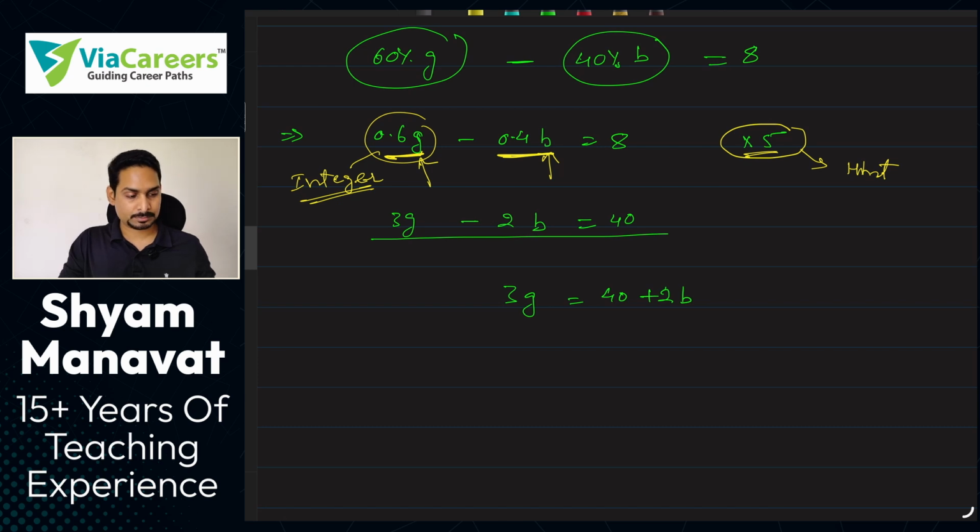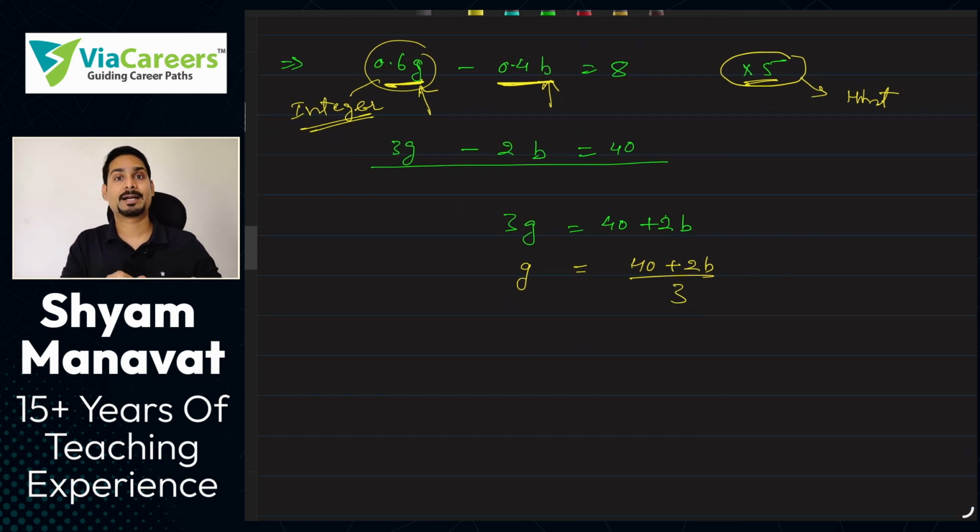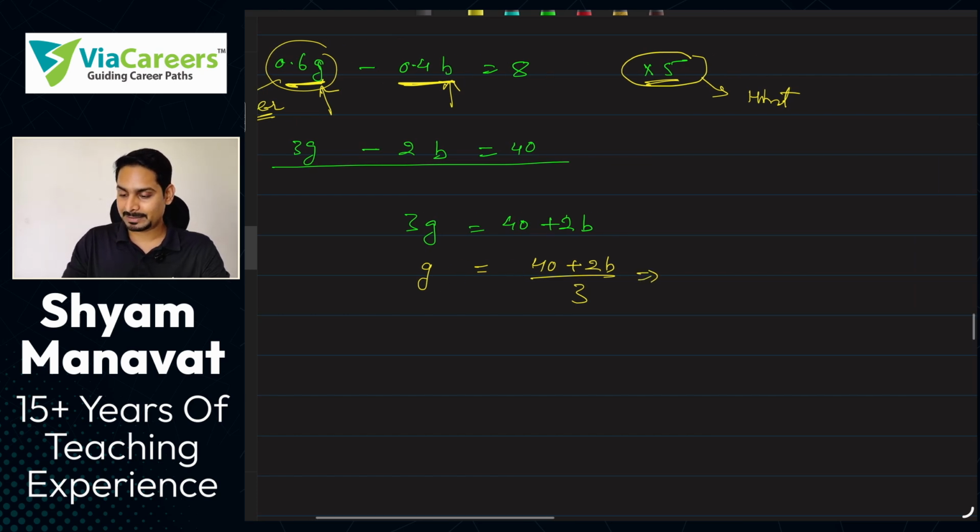Let's see that. Here, what we do next, we can do this: g is equal to (40 plus 2b) by 3. I'm applying the integer solution concept. I hope I don't have to tell you the concept again because we have discussed this in linear equation, lecture number 10. So now what we do after this, we divide each individual value and just check the remainder. If I divide 40 by 3, the remainder is how much?